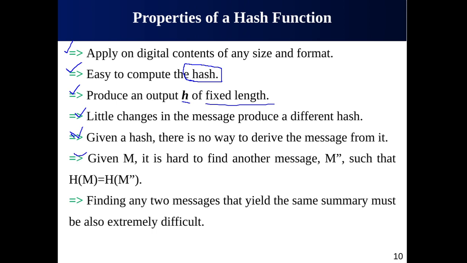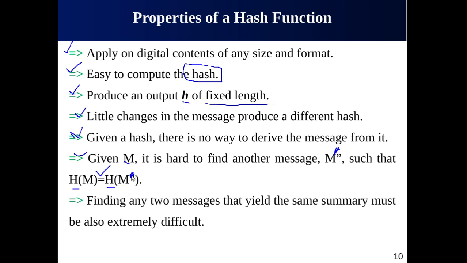Next property is that, for example, if you have a message that has been represented by capital M, it is going to be hard to find another message, like M dash, such that the hash of both the messages is the same or equal.